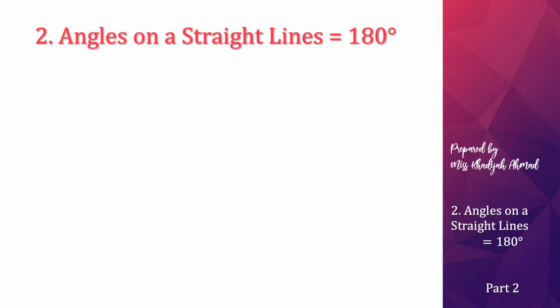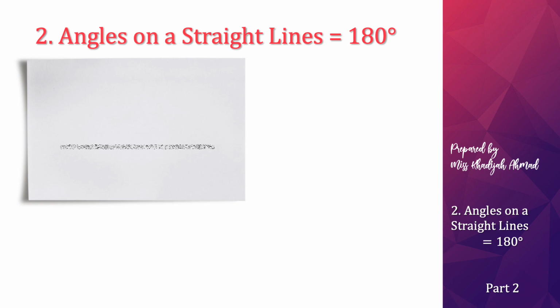So here is what you need to do. First, you draw a straight line on your blank paper. Then you place your rectangular cutout side by side on your straight line, and you label the 2 angles next to each other, angle A and angle B.